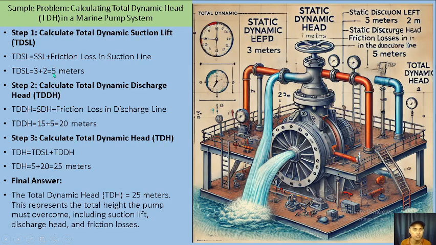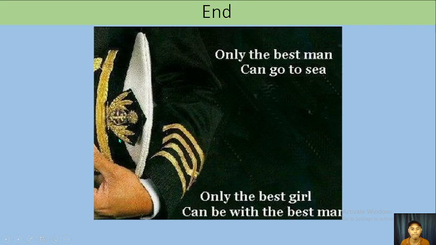That is 3 plus 2, 5 meters, which should be negative 5. Then 15 minus 5 meters of loss should be 10 meters. So negative 5 plus 10 equals 5 meters. So that is how simple you calculate the total head of your pump.